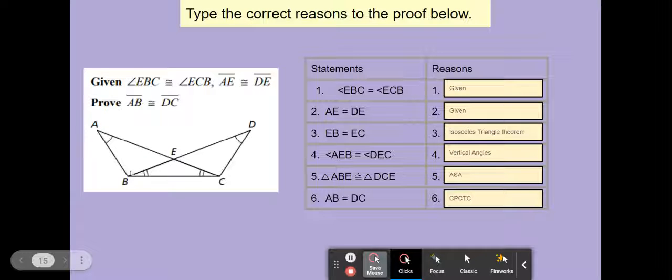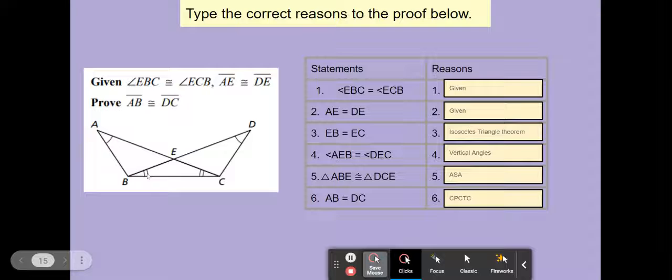If I look at AEB, must be congruent to DEC. That's these angles right here. Those are vertical angles. So the triangle ABE must be congruent to DCE by angle, side, angle.